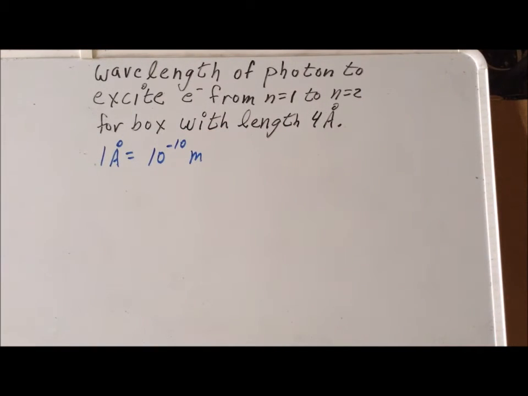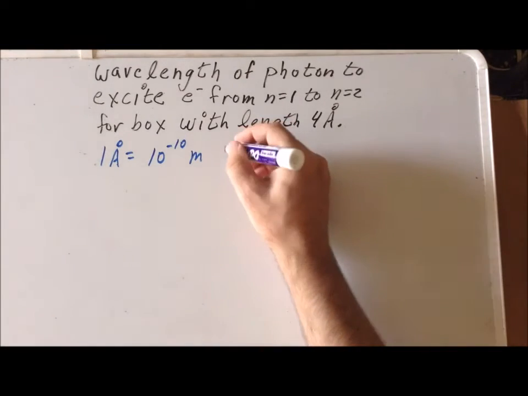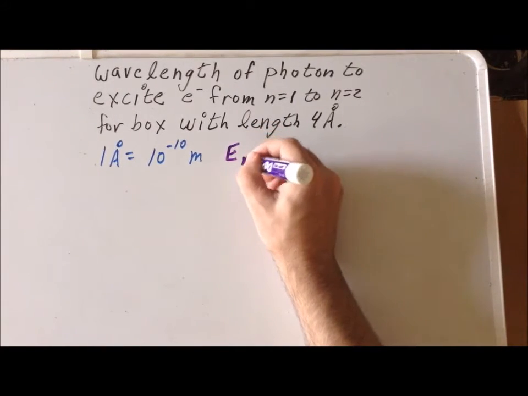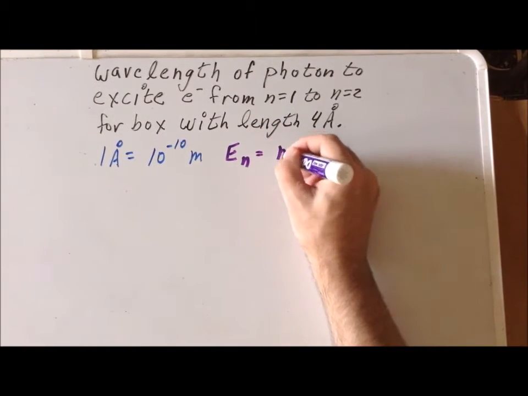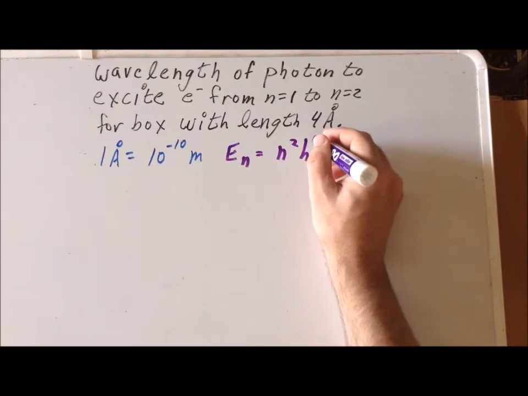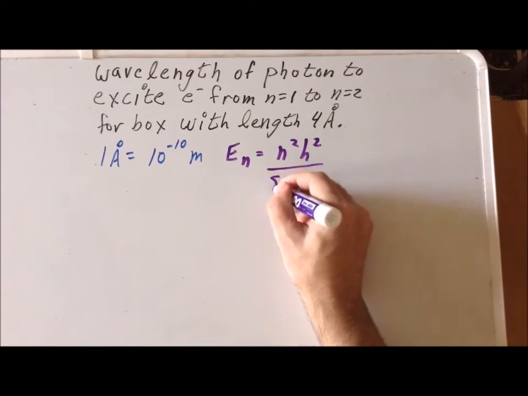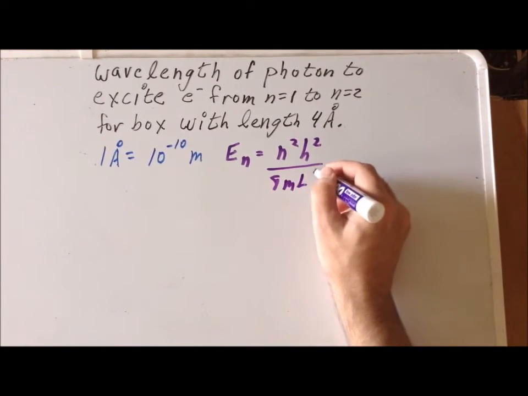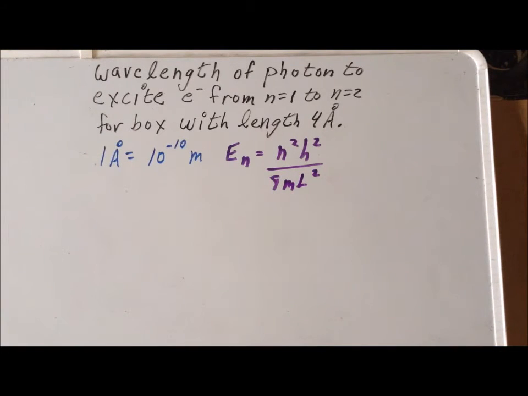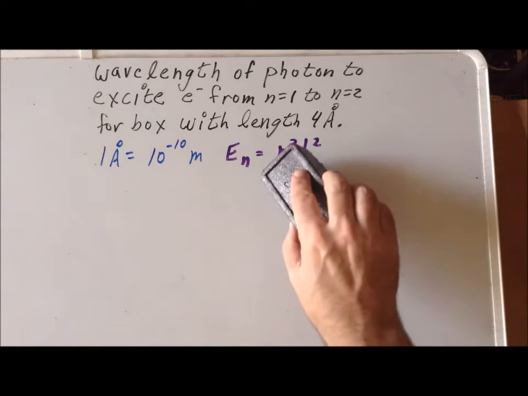Also recall that the energies for each level in the particle in the box is equal to, so E sub n is equal to n squared h squared divided by 8mL squared, where n is the quantum number, h is Planck's constant, m is the mass of the particle, and L is the length of the box.